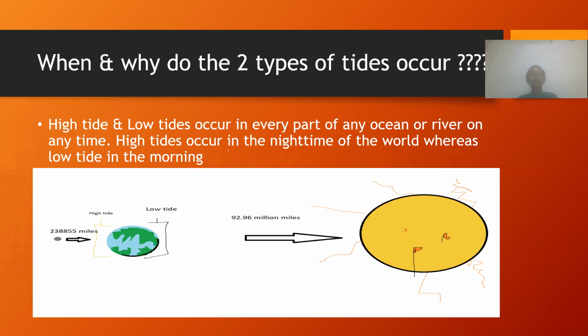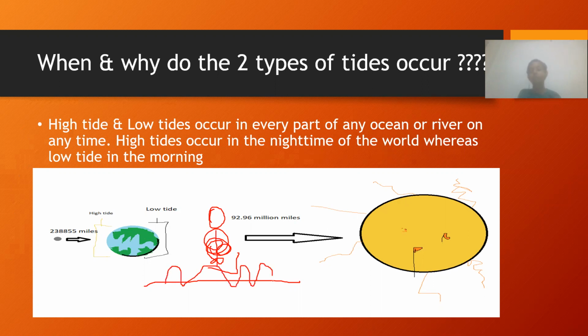Low tides occur in the morning because it is using the sun's gravity to become high. So take a plain ocean, okay? Let's say this red line is a plain ocean and this red ball is the sun. Now this thing is the sun's gravity.